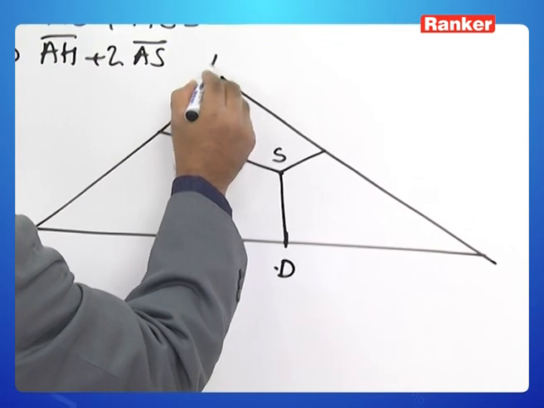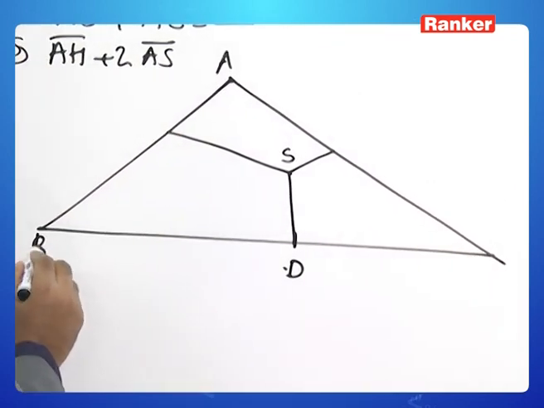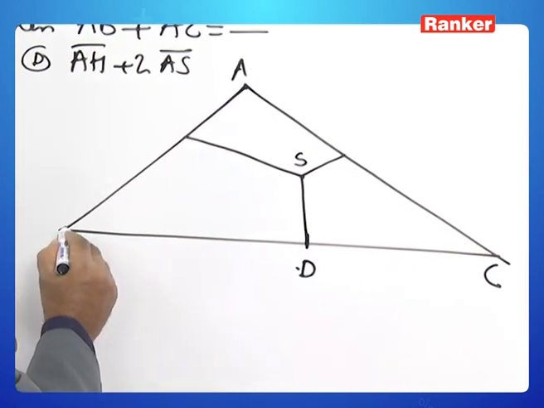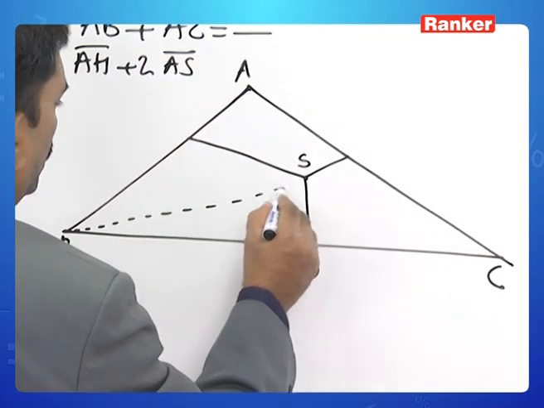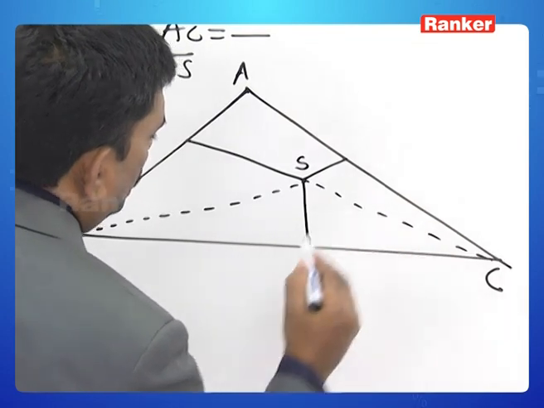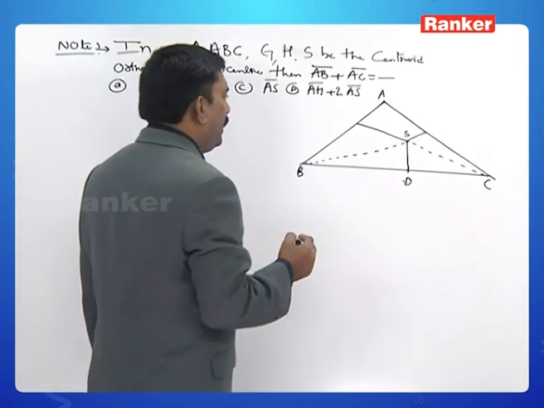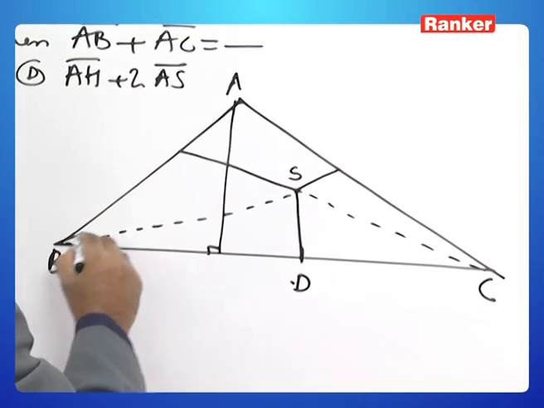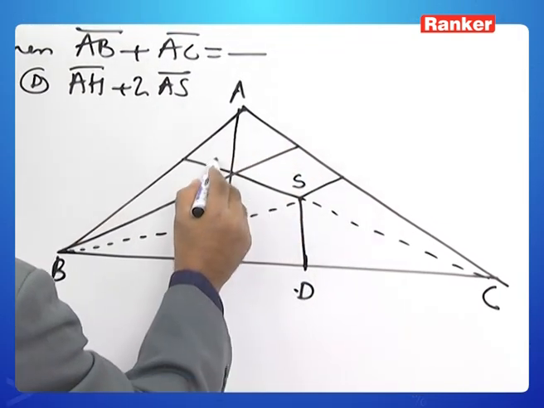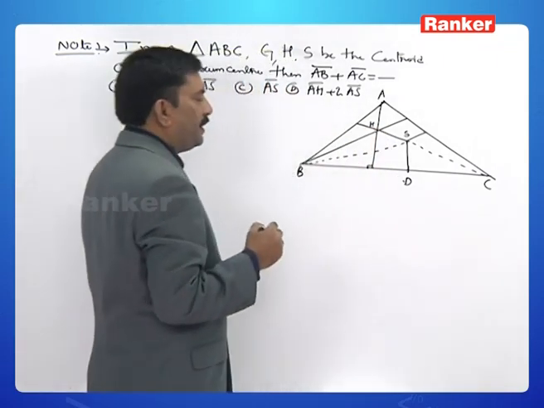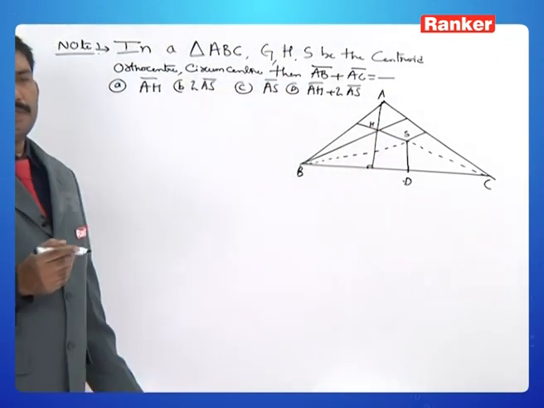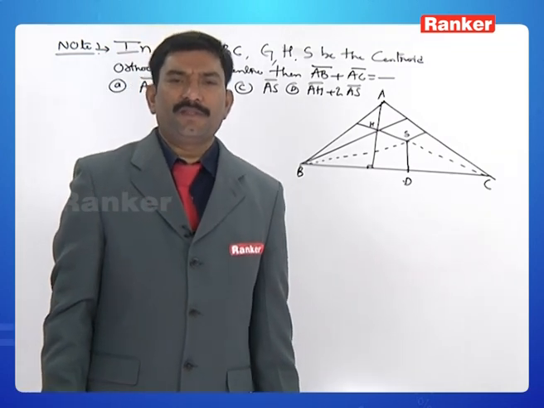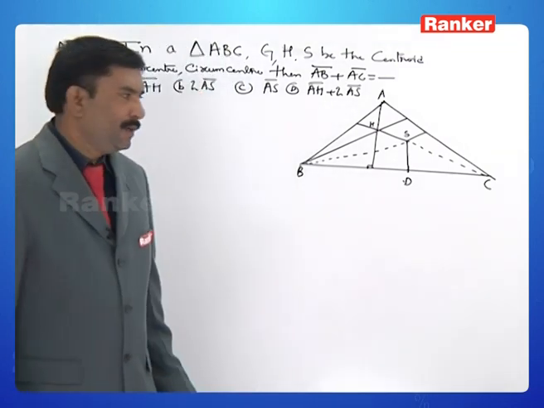Now this is A, B, C. Now you construct triangles, and this is an altitude, this is an altitude, you call it H. H is the point of intersection of altitudes, nothing but the orthocenter.